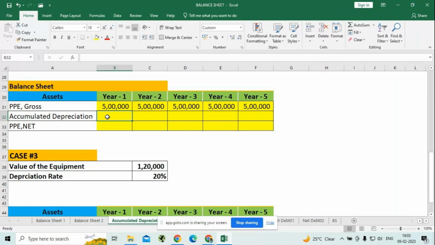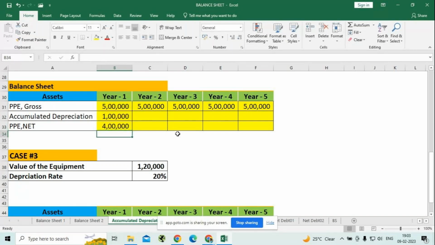So the first year, take the PPE gross value divided by the number of years, which is 5. So this will be PPE gross minus accumulated depreciation.